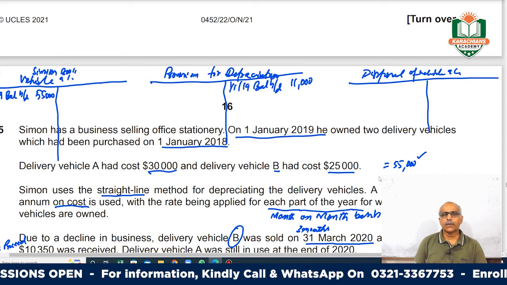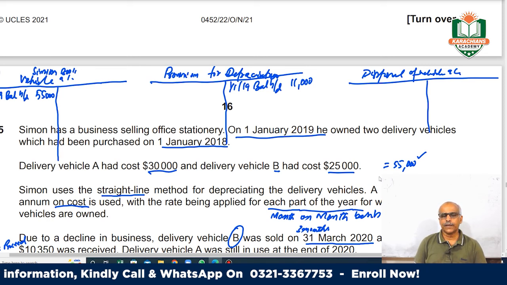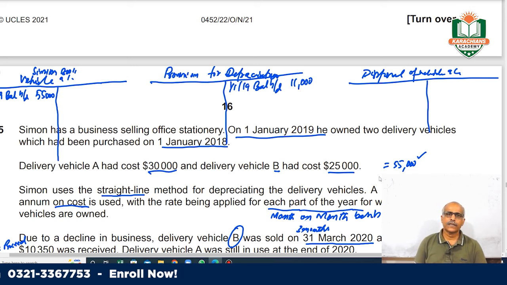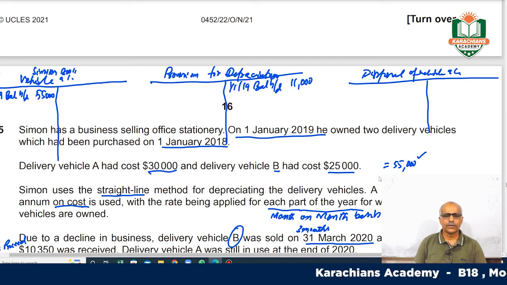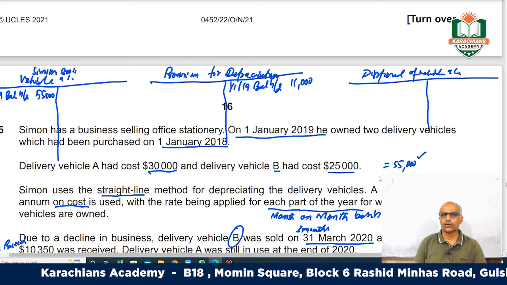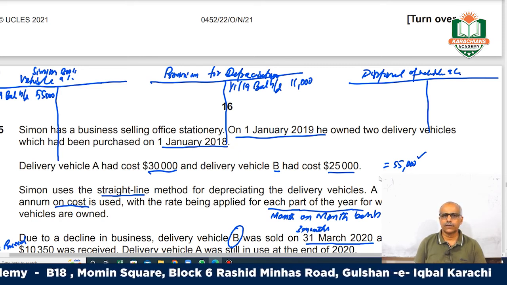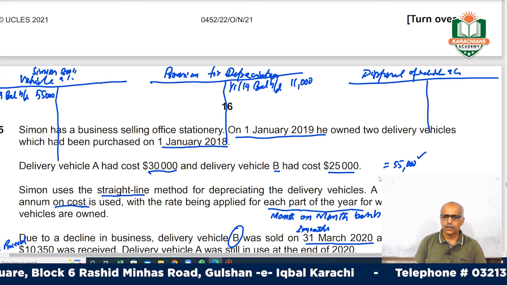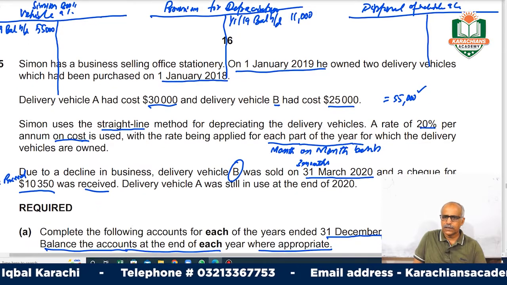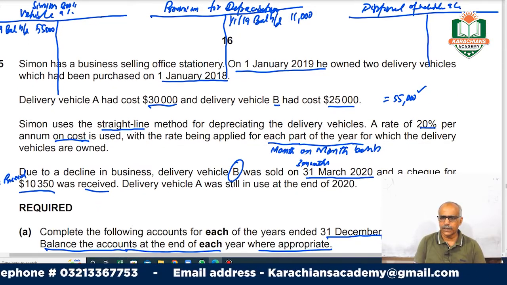So they remained full year in 2018, and full year in 2019. Vehicle B was disposed of in 2020. Means 2 years depreciation is sure. You have to make 2 years depreciation, right? So if we see how much is the depreciation, this is just one working I am making here.